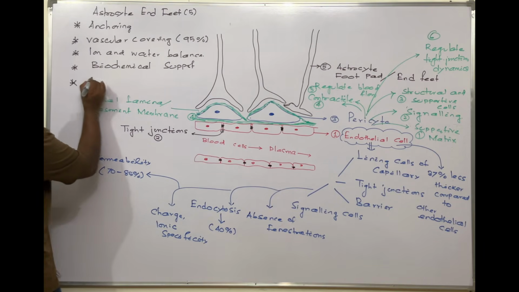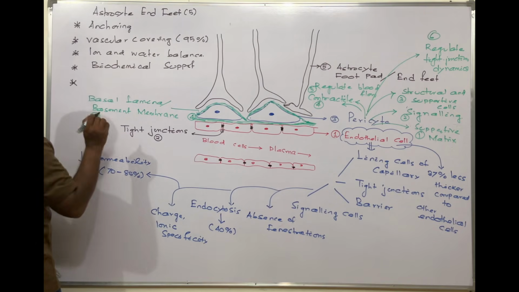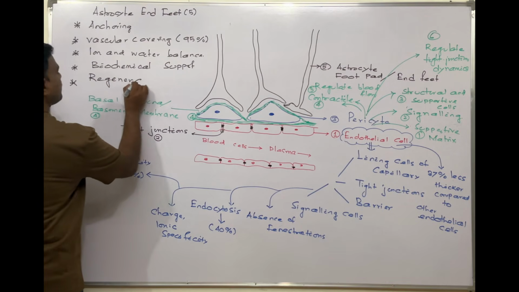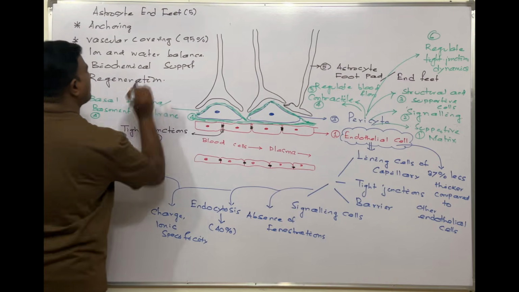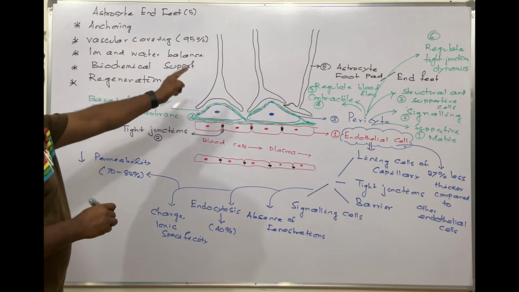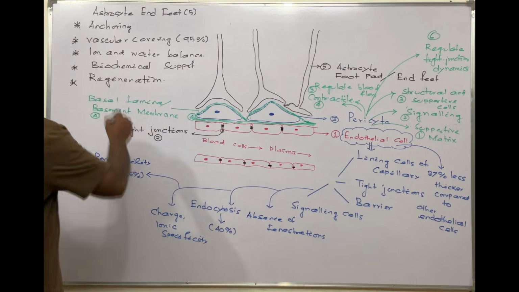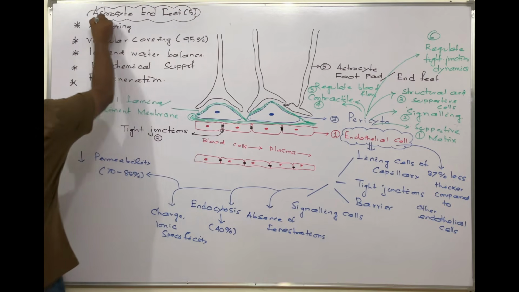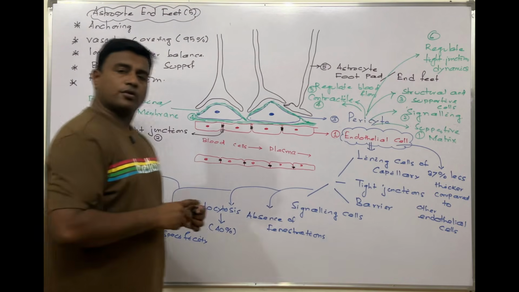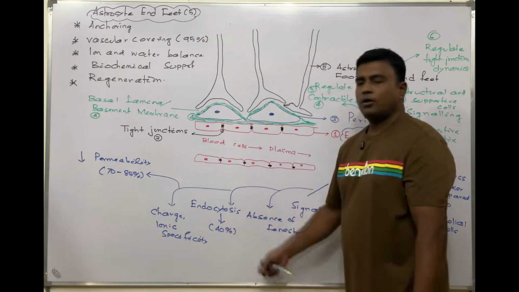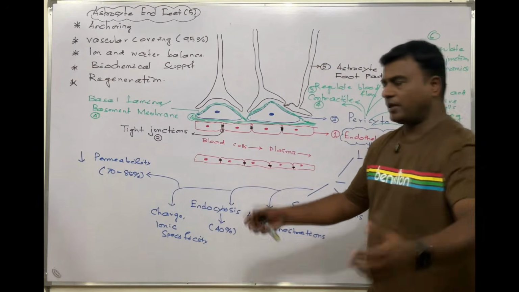Next, this is important: regeneration. If there is any injury there, then they will also mediate the process of regeneration. So these are some of the very, very important functions of these astrocyte endfeet. Details coming soon in the next class, where we are going to talk about these four at a high level.